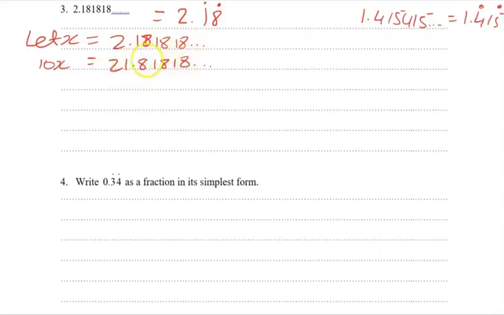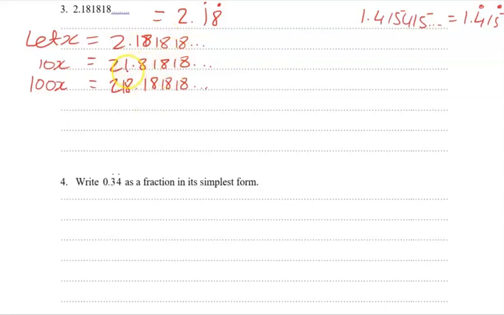Now the decimal places don't match, so we're going to keep going. So now we need to work out what 100x is. So we multiply this by 100. So you move the decimal 2 places to the right. We're going to get 218.181818.